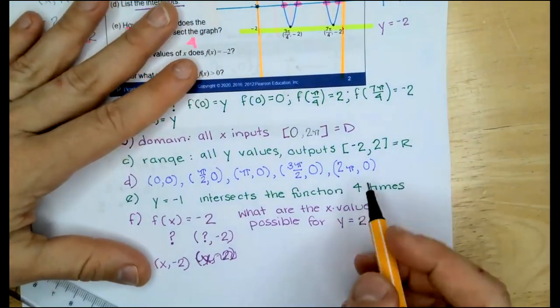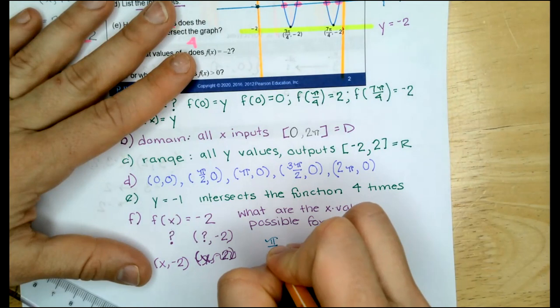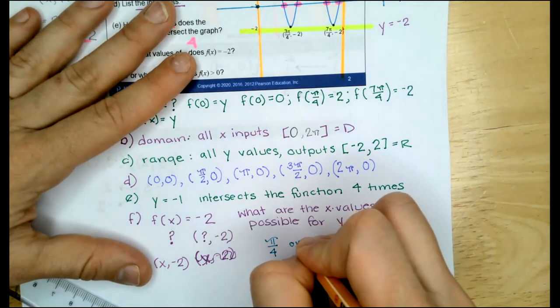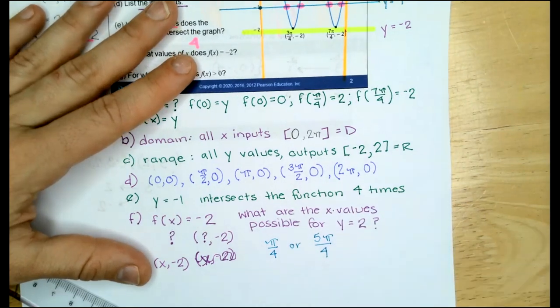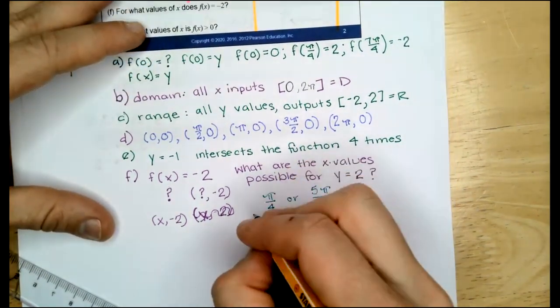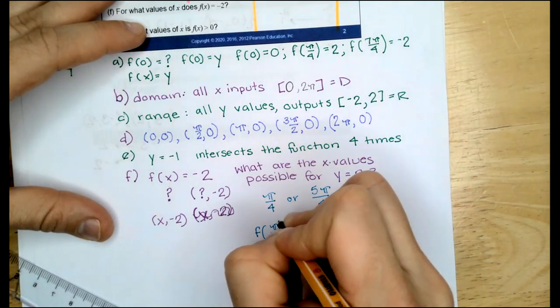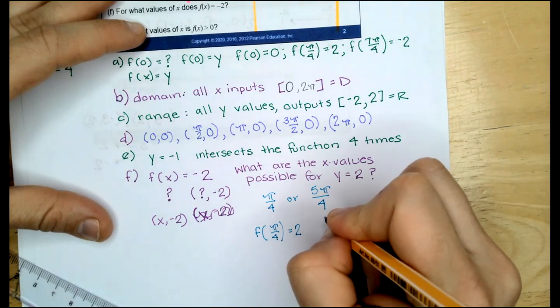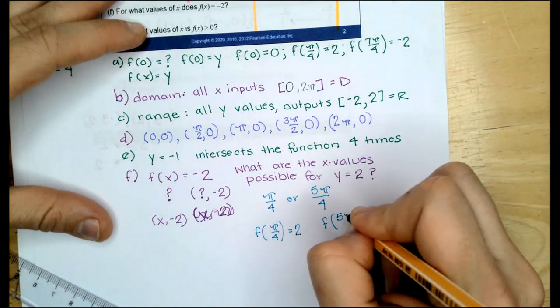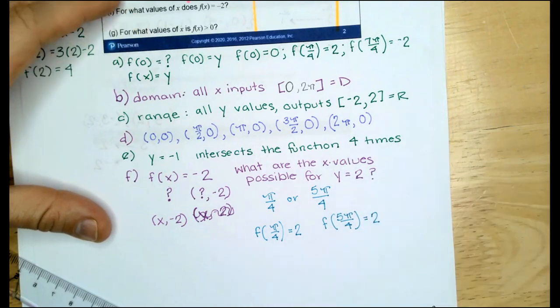So the x values possible for y equals 2 are pi over 4 or 5 pi over 4. And then you can write it as f of pi over 4 equals 2, right? And f of 5 pi over 4 equals 2.